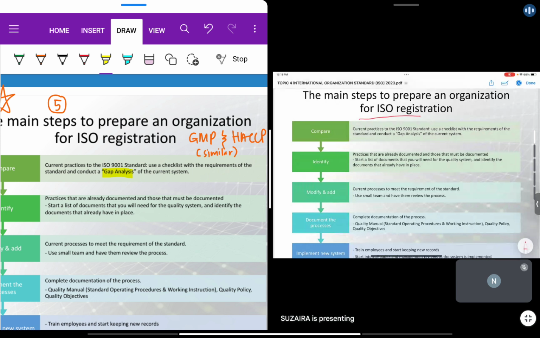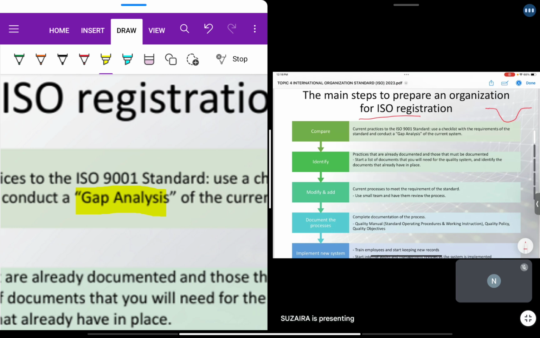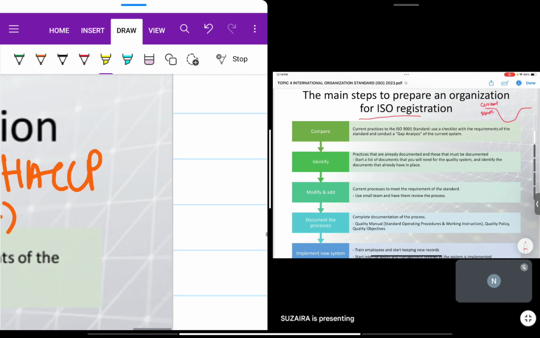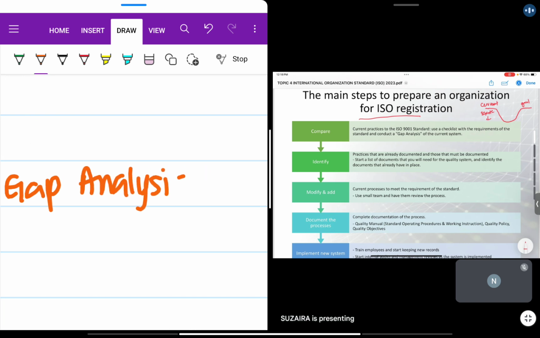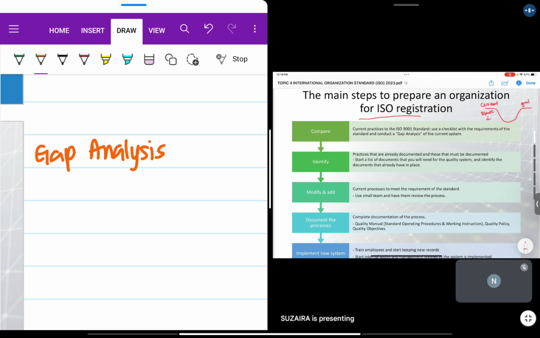Okay. So gap analysis is like this, more or less. This is your current state, and this is your goal. The current state is your current condition, your current process, your current quality, in product or in process.